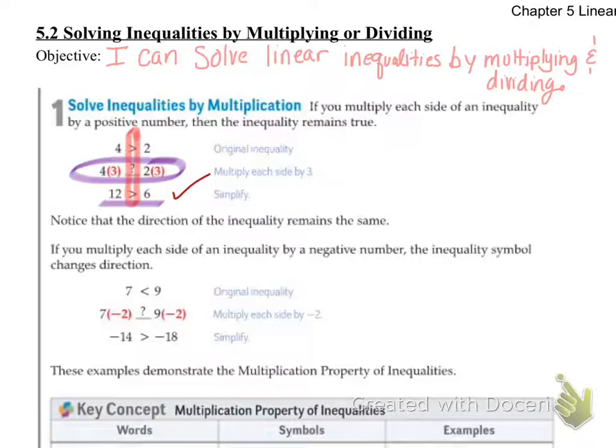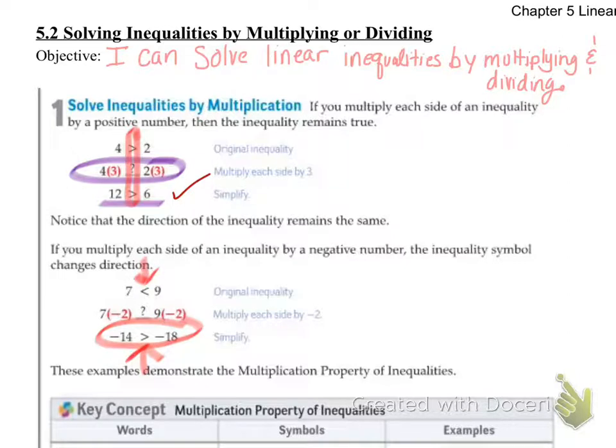Now if you multiply each side by a negative, this does not have the same results. If we multiply -7 by -2 and 9 by -2, then we get 14 and -18. No longer is the statement -7 is less than 9 true, because we need to now flip the sign here. Originally it was less than, now it is greater than.